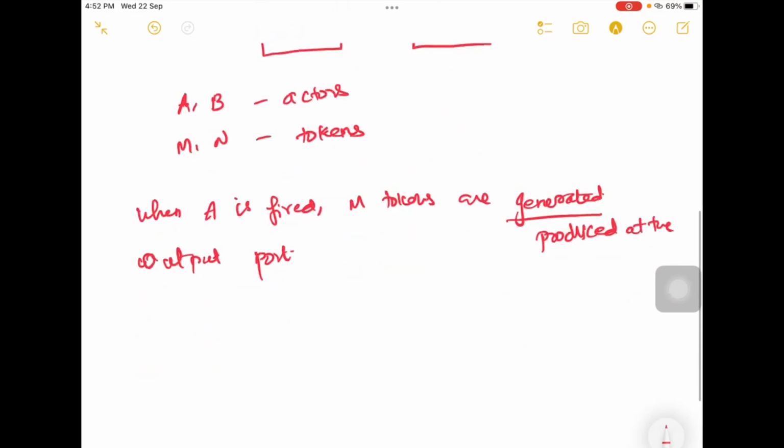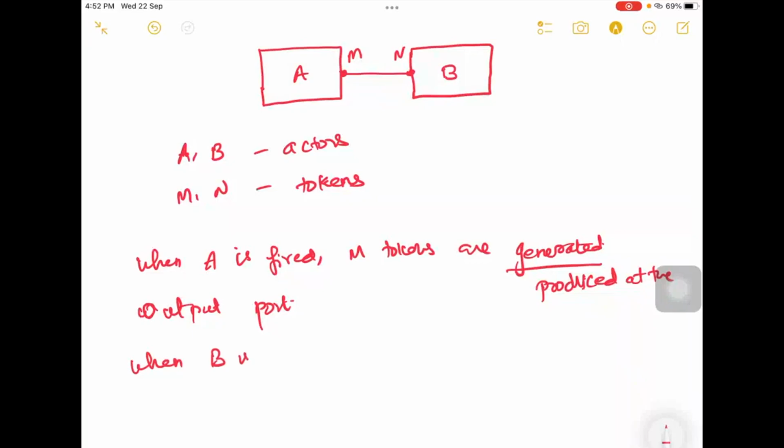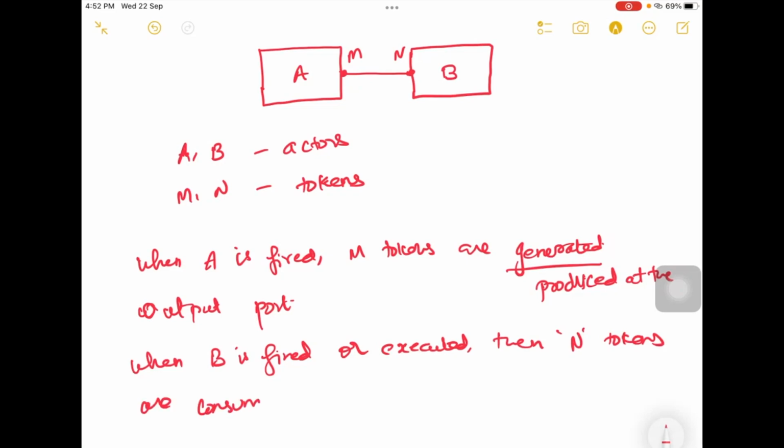Then when B is fired, or executed, N tokens are consumed by B. So M is the number of tokens generated when actor A is executed or fired, and N is the number of tokens consumed by actor B when it is fired.